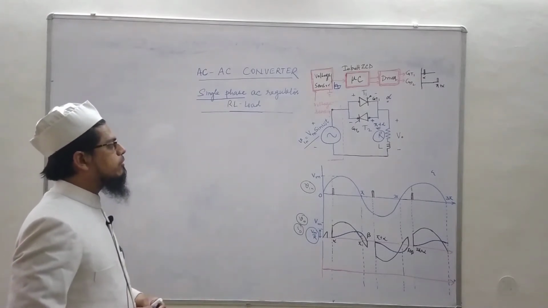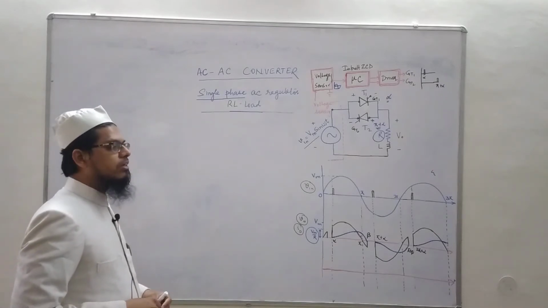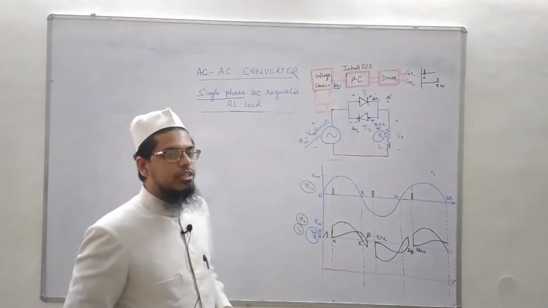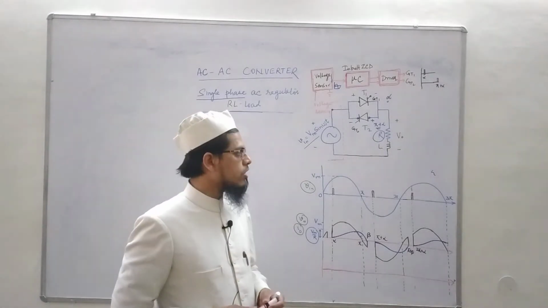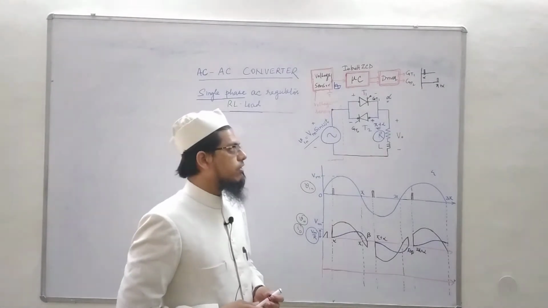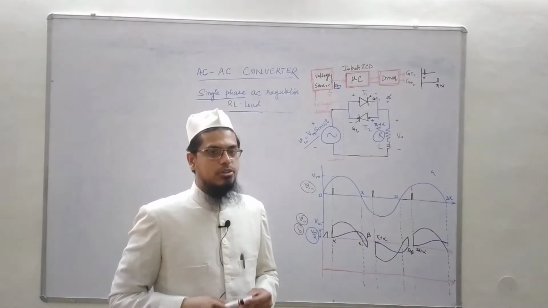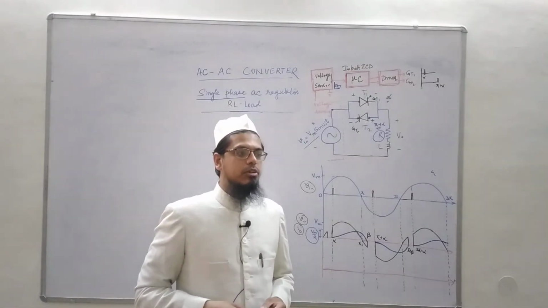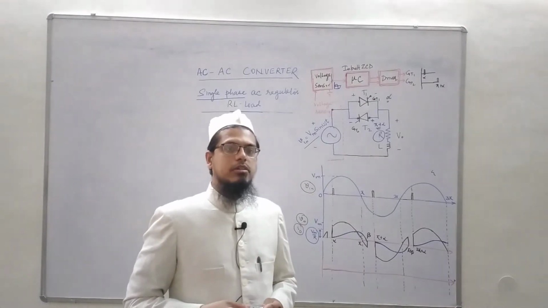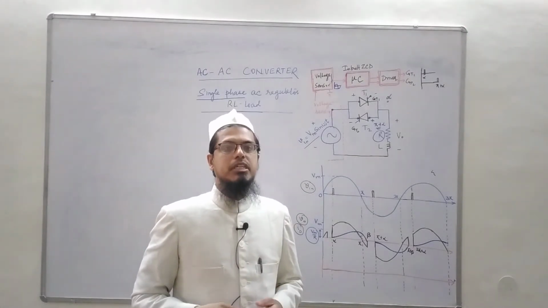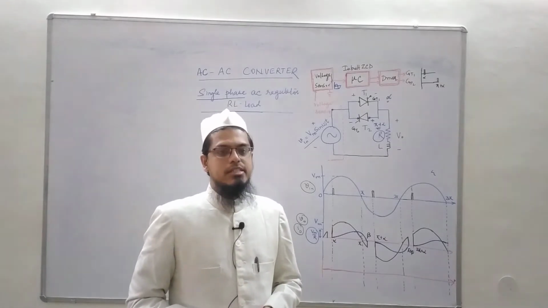So let us try to analyze this circuit. We would first try to find out the expression for the RMS value of the output voltage. You see the average value of the output voltage in case of our AC regulator would be 0. So when we talk about AC quantities, RMS value is a better way to measure an AC quantity.